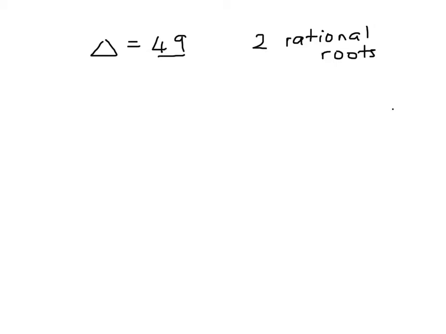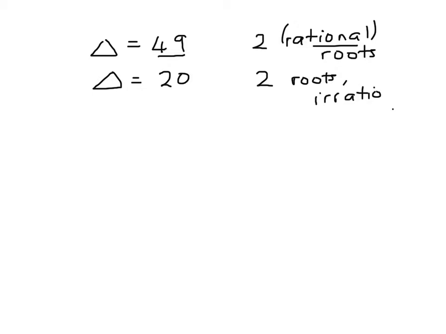This is a perfect square. If it has two roots, and probably for merit, then we could also say that they're rational. If my discriminant came out to be 20, I have two roots, and we can say that these are irrational because this is not a perfect square.